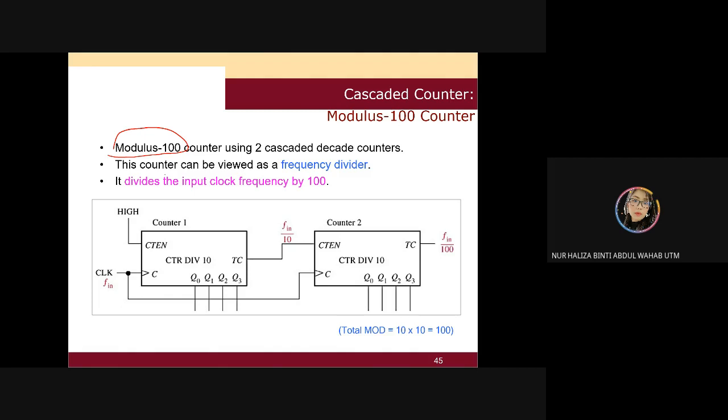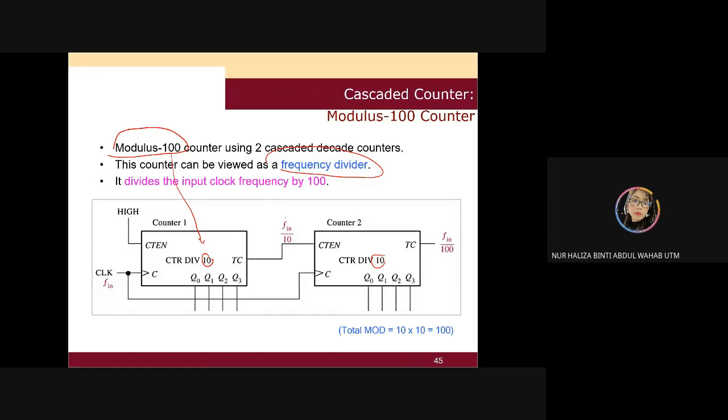Over here, this is 100. We use the 10 and then another 10. So from here, using to cascade decade counter, this counter can be viewed as a frequency divider because you're going to divide all the frequency.